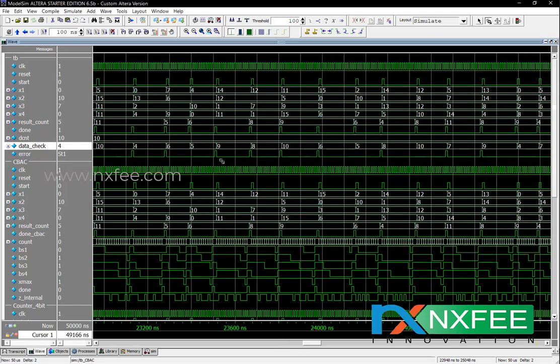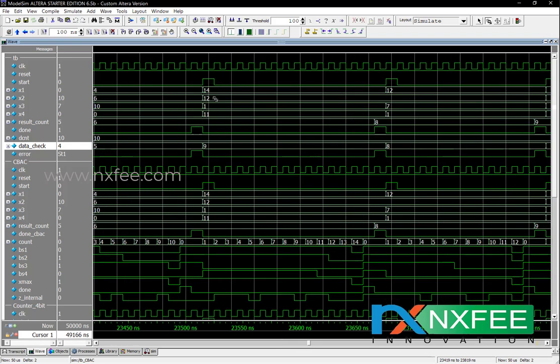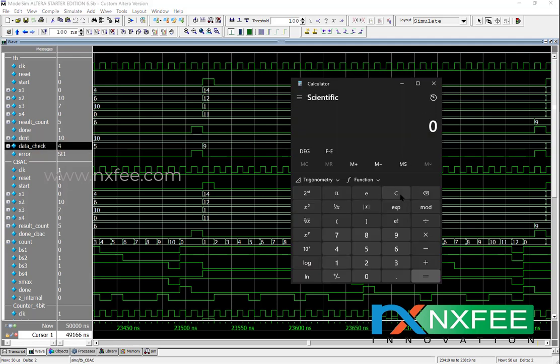Here you can check this value: 14 plus 12 plus 1 plus 11 divided by 4 equals 9.5.